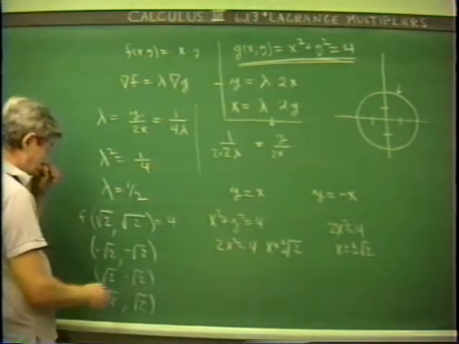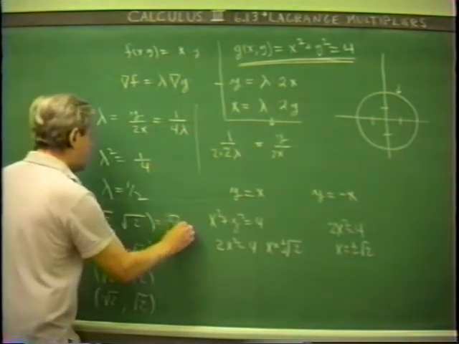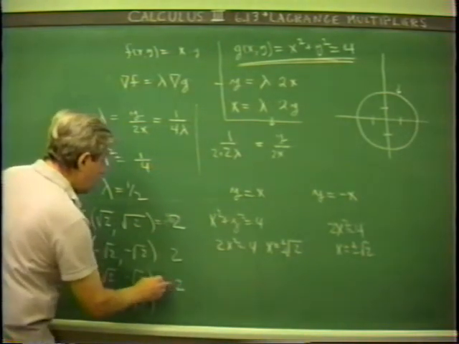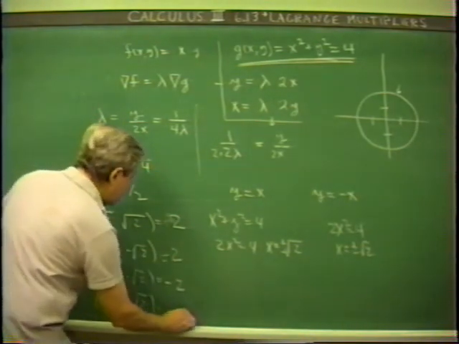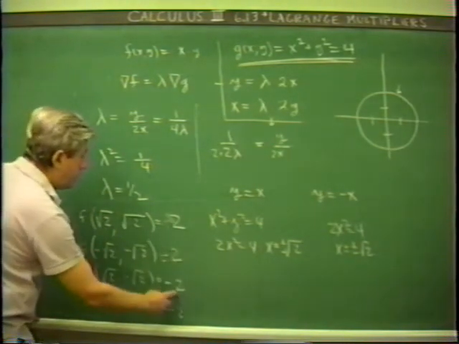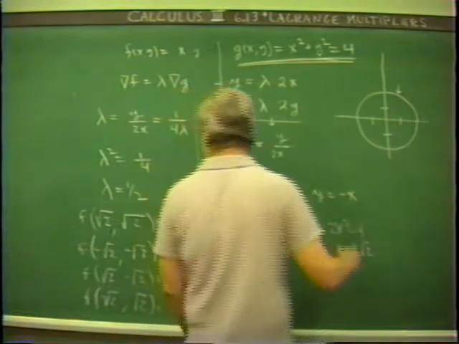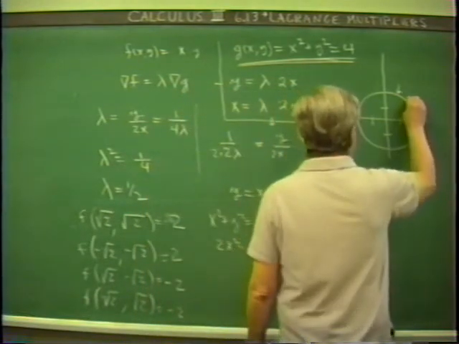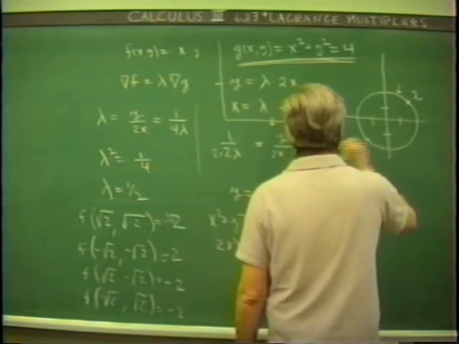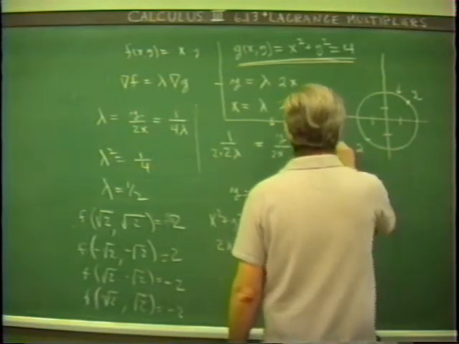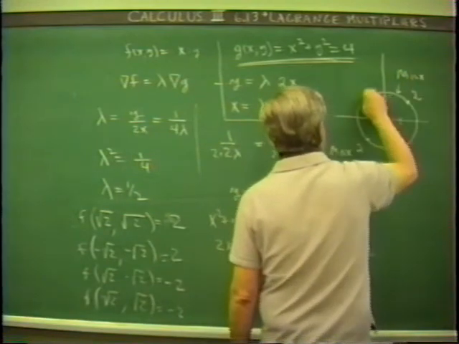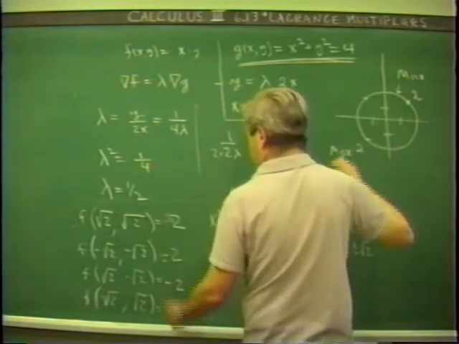Now what's the value of the function x times y? Well, in this case f is equal to 2. Here it's equal to 2, here it's equal to minus 2, and here it's equal to minus 2. So f of these points are 2, 2, minus 2, and minus 2. And so that says that at this point here, the function is maximal and its value is 2.